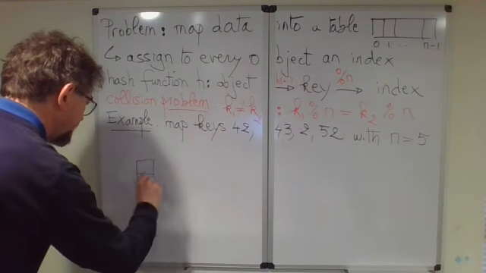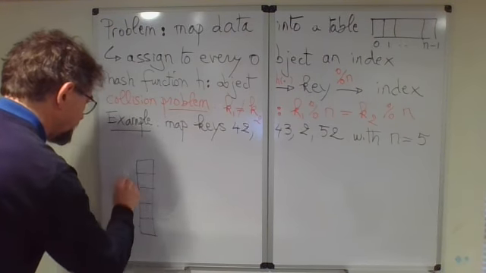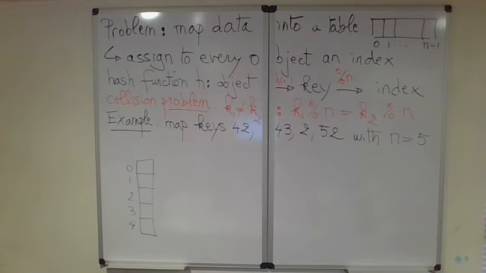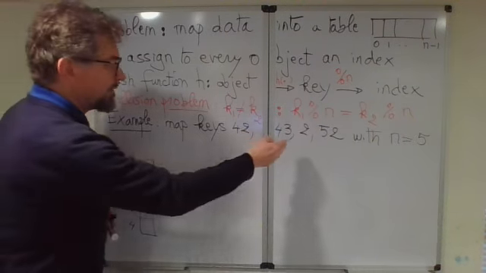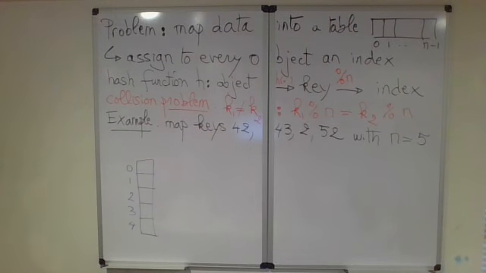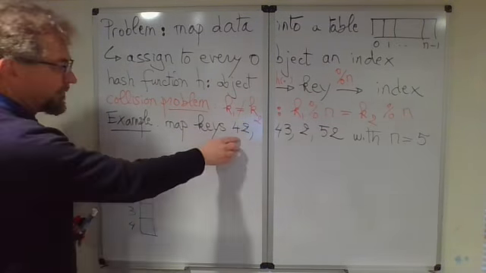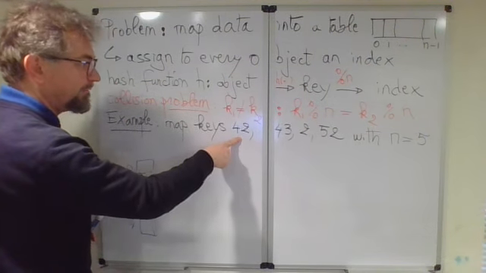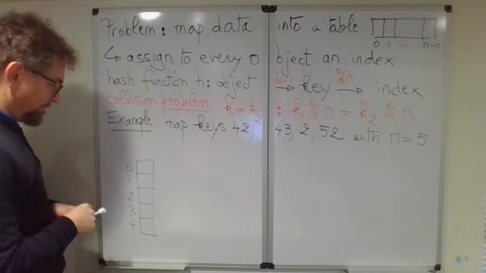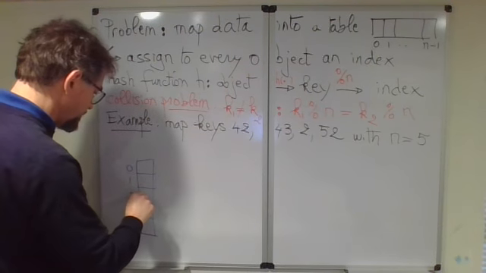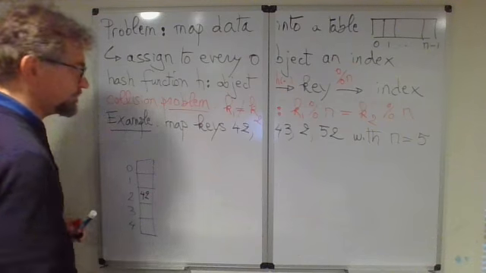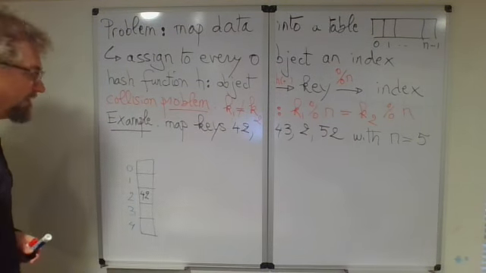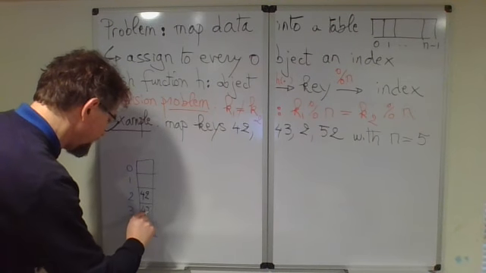So we can represent this as follows. These are the keys. So to place these keys into the table, we do modulo 5. So the remainder after dividing 42 by 5 is 2. So we place 42 at index 2. Likewise, 43, remainder after division by 5 is 3. So we paste it in 43.